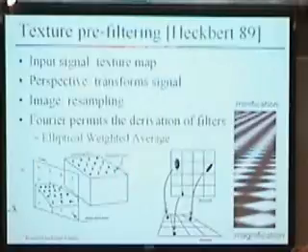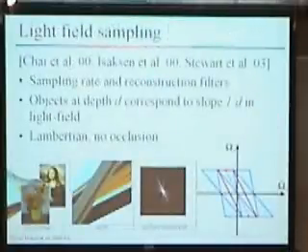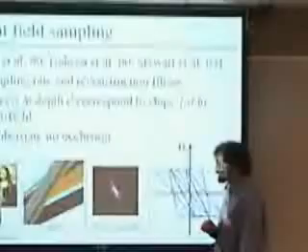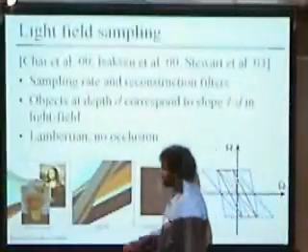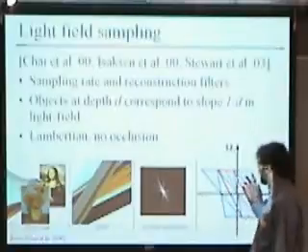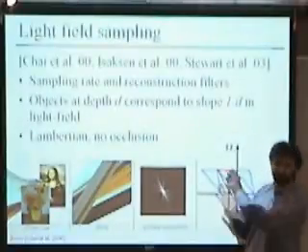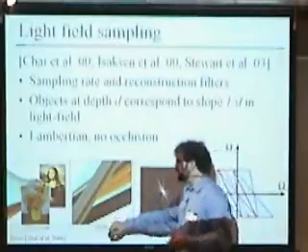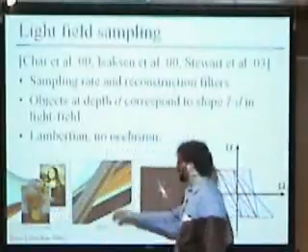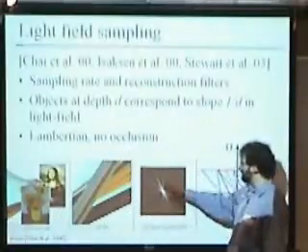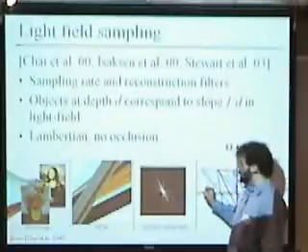Of course, it's also all related to the notion of light field sampling, with the various papers that happened a few years ago, where people have studied, if you've got a scene and you represent it using a light field, and I assume I don't need to tell you what a light field is, you've got those nice parametrizations of lines in space, you can relate the depth of the objects to the slope of these lines in the light field, which tells you something about the frequency content in your light field.